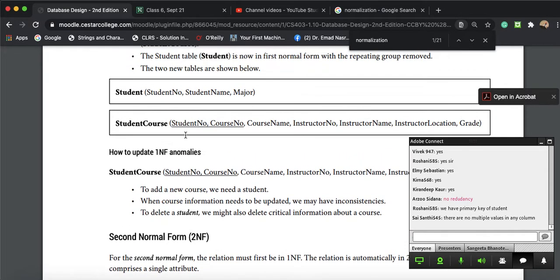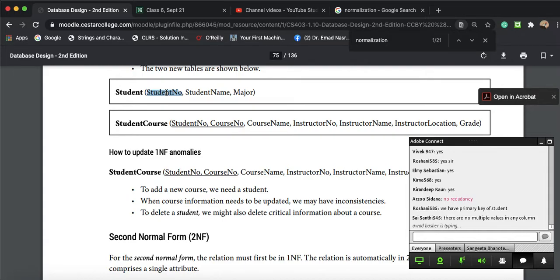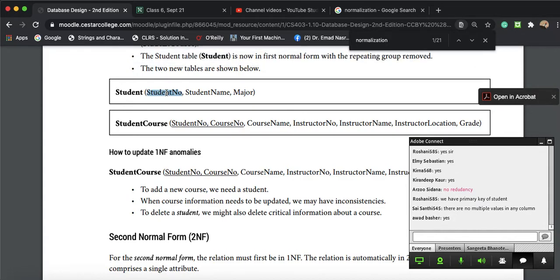So here, the student number is the primary key. It's single. That's why I can tell. When I asked you about student here, is it in the second normal form? Yes. How can I know? Because it has a single primary key. Okay.